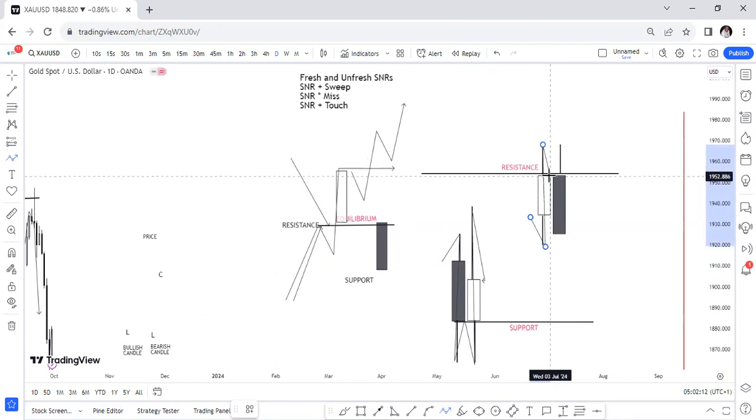Where it closes now creates what we mean by resistance. So a resistance is created there. Then the next day, the next session, you see them take it higher, right?